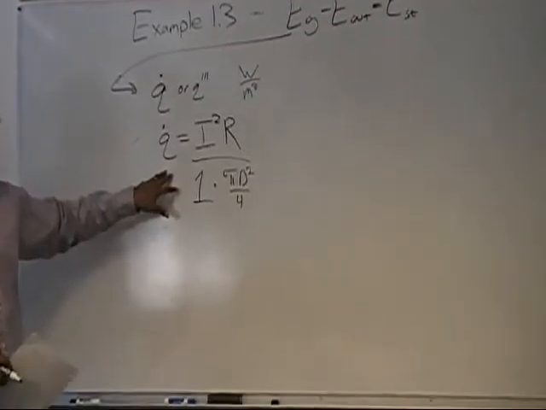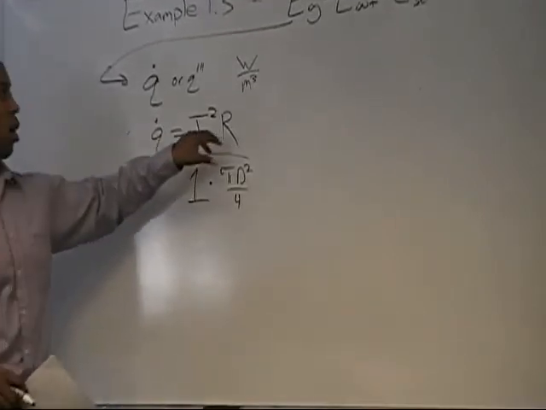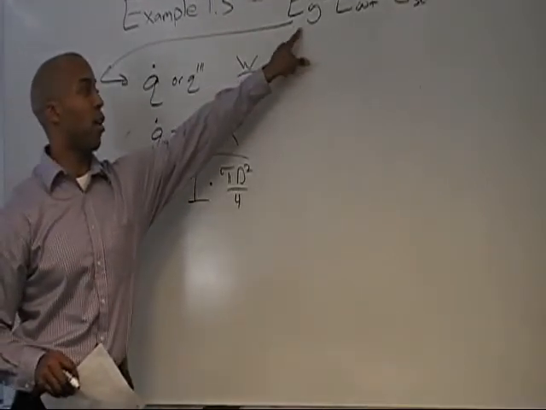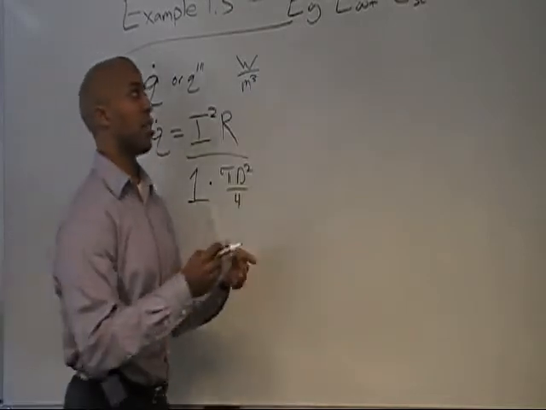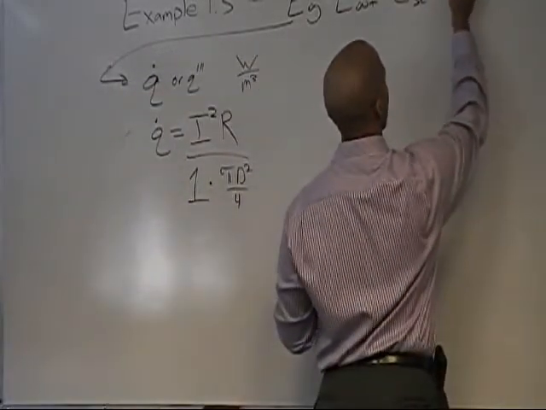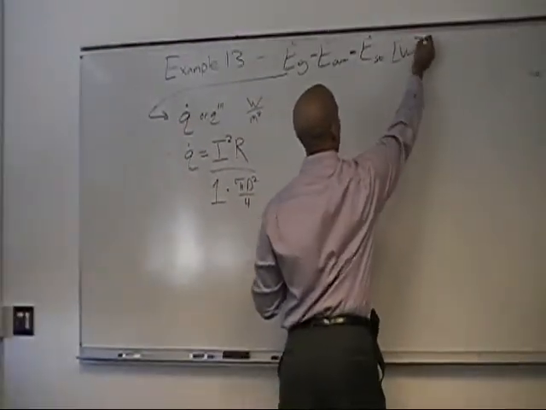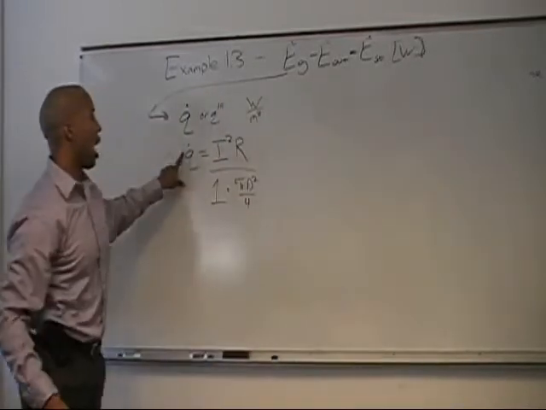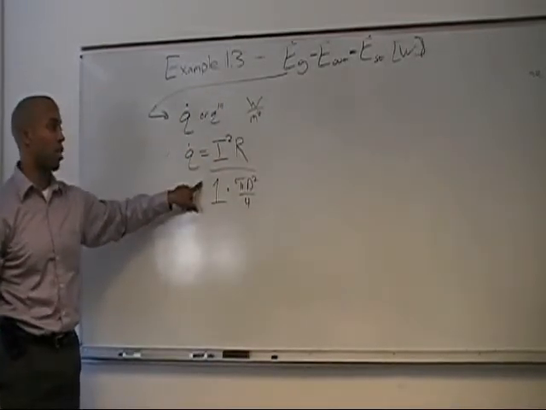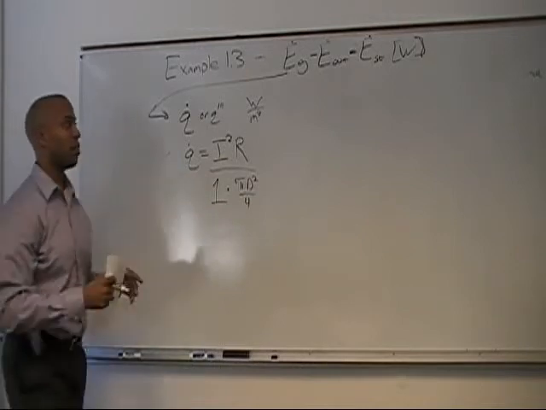Now, we just can't plug this into our energy balance because our energy balance is in terms of watts. So in order to get our Q dot or Q triple prime in terms of watts, we have to multiply this times the volume.